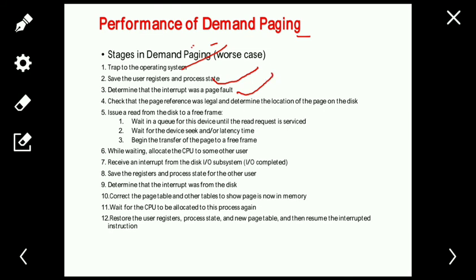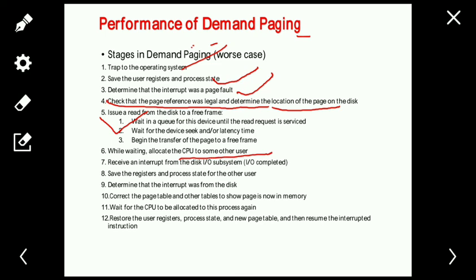It checks the internal table to see whether the page reference was legal or not, and if it is legal, it issues a read from the hard disk and finds a free frame in the main memory. While waiting, it allocates the CPU to some other user while fetching the frame from the disk to the main memory.